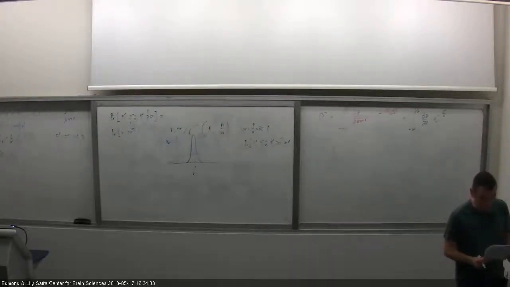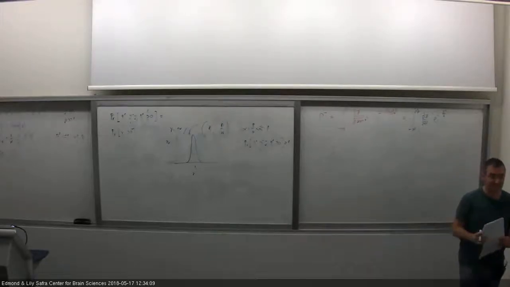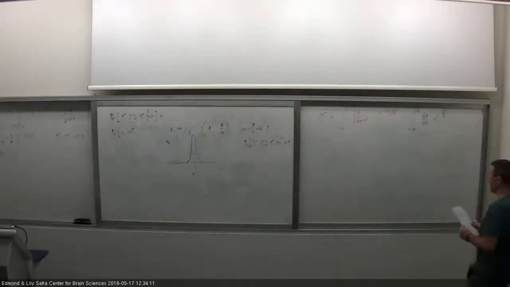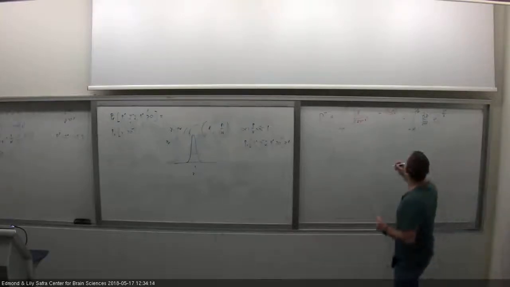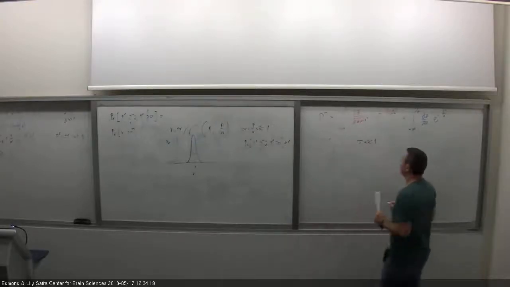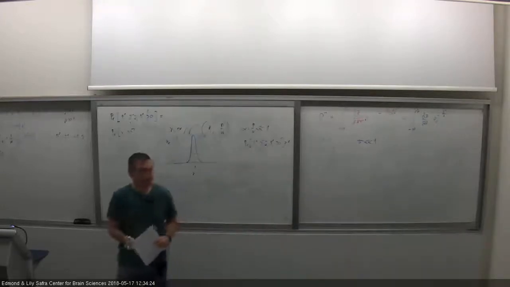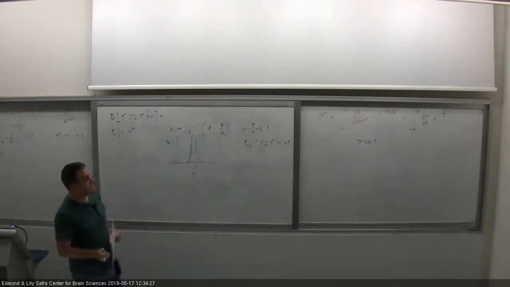That's another reason why we are doing it. So we're trying to approximate this integral in the limit of small sigma. So how are we going to do it? Any suggestions? We know the answer when sigma is equal to 0, and we want to approximate it for a small sigma. So what should we do?